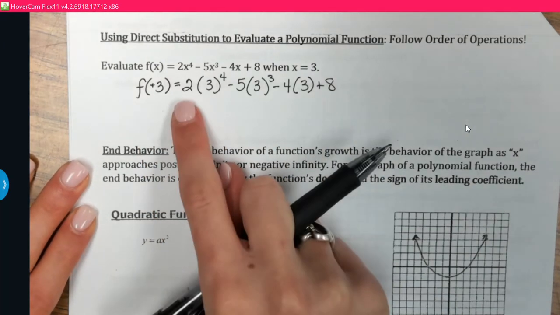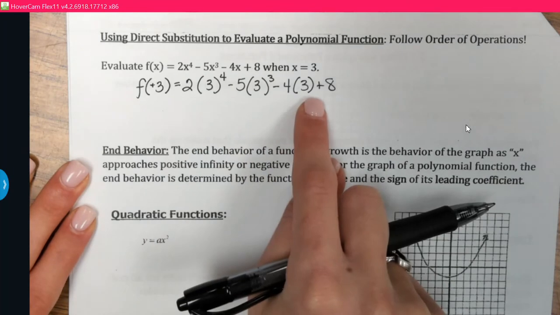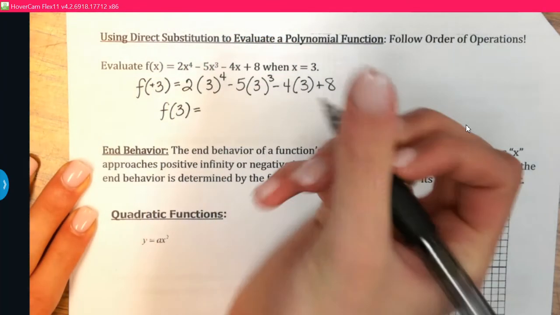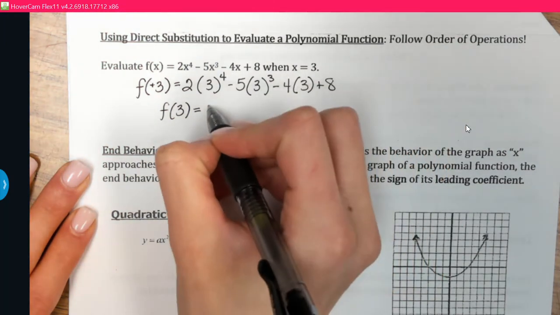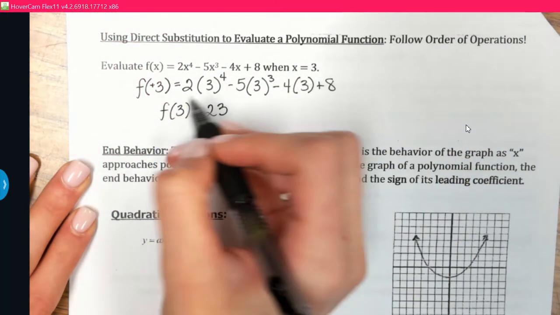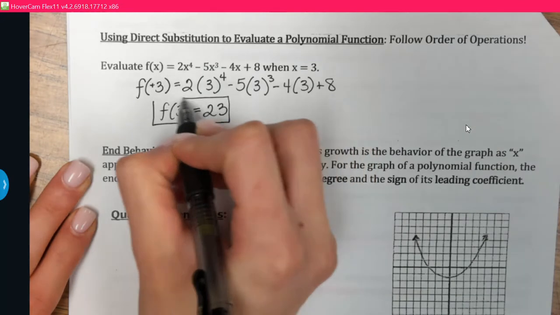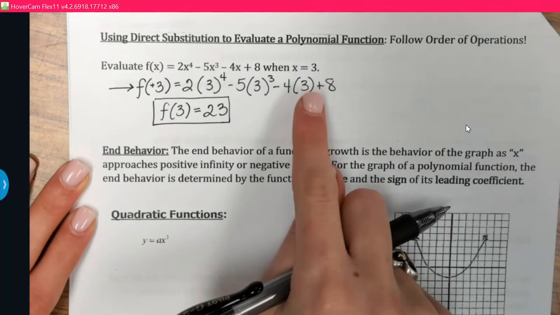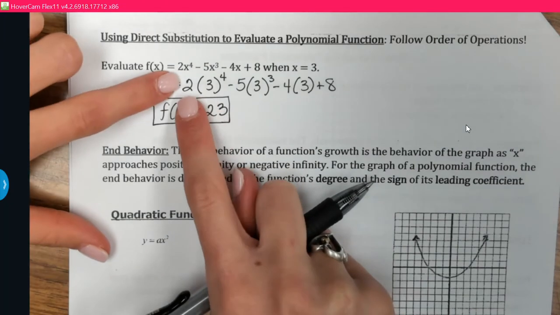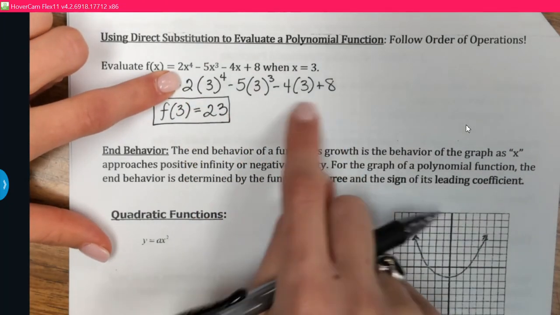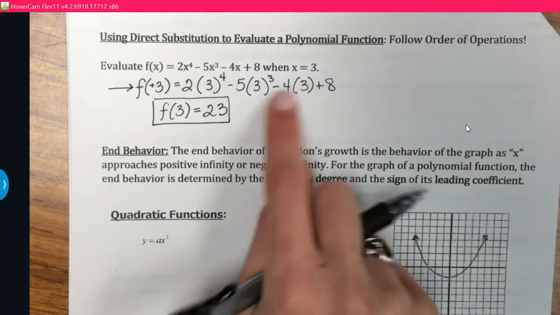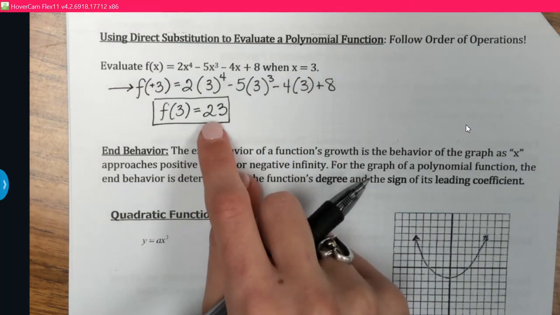Okay, from there, I understand you can type that in. f of 3 is equal to, when you type it in, you should get 23. So at least show me where you're plugging it in, then you can just type all of that in your calculator and get the value. So when x is equal to 3, the function is equal to 23.